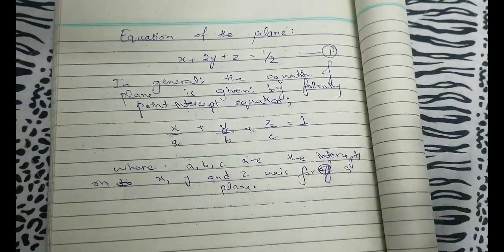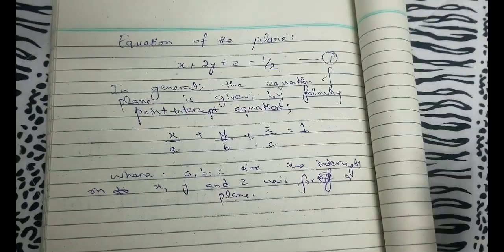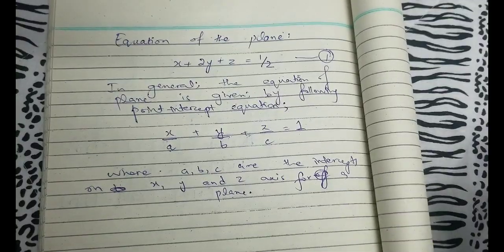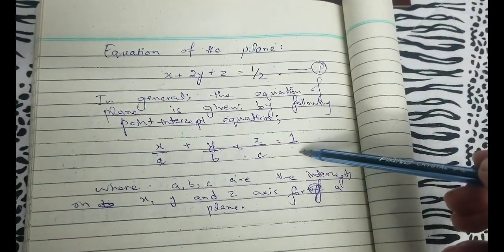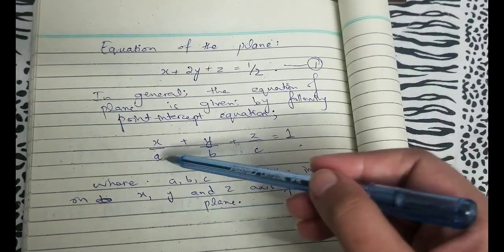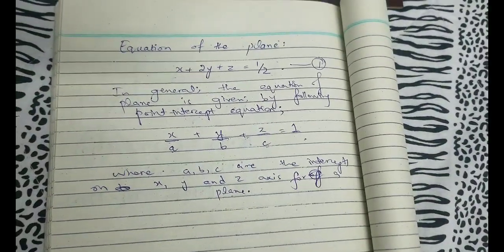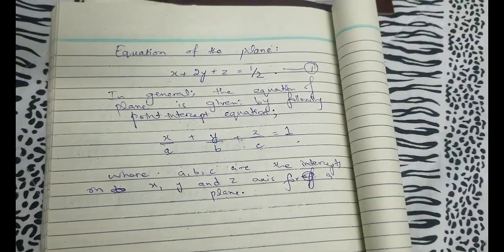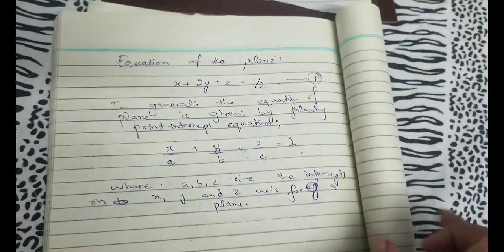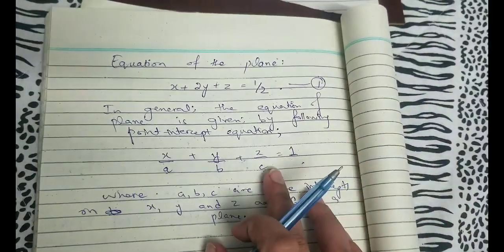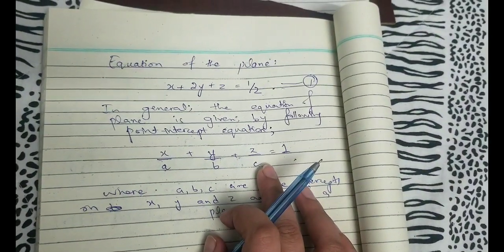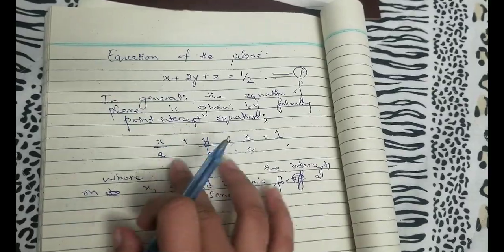In order to find the Miller indices of the plane, we need to find the intercepts, and by comparing this equation with the general equation we can get these intercepts. Here a, b and c are the intercepts of the plane whose equation is this one. So let us write equation number 1 so that it takes this form, and after comparing we will get the values of a, b and c.